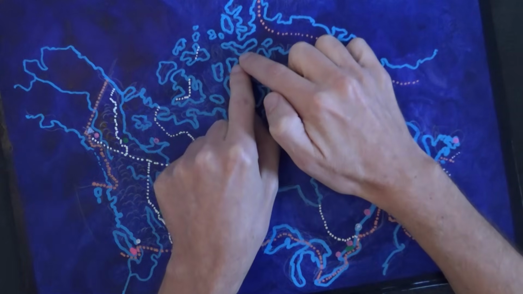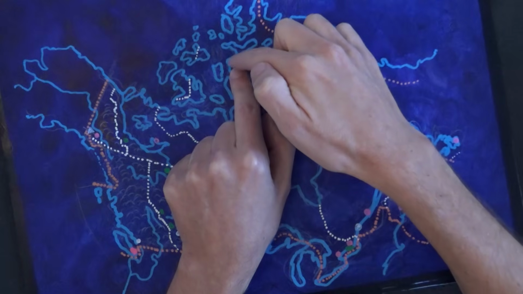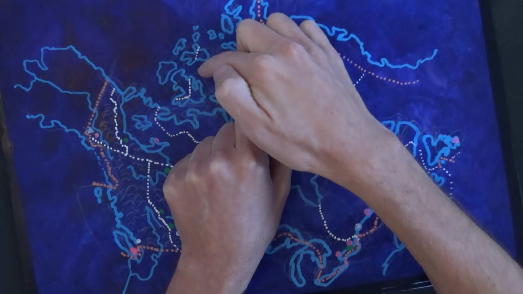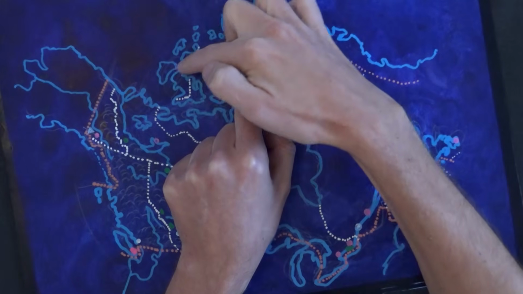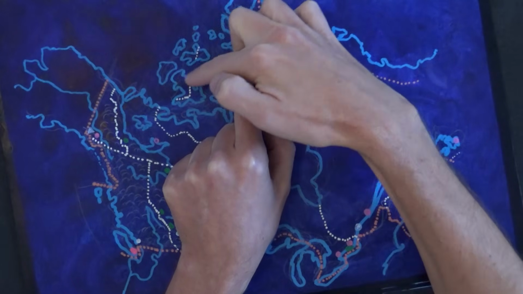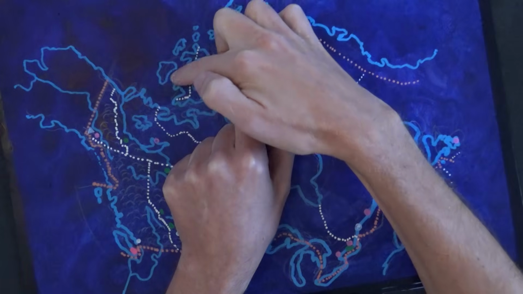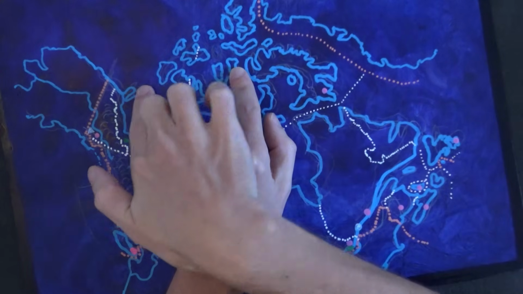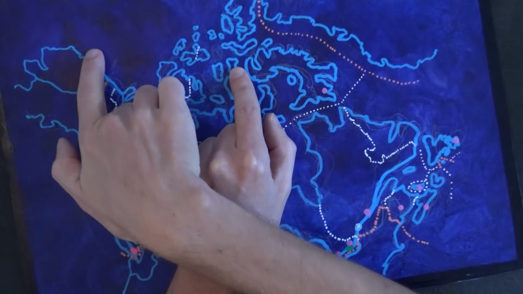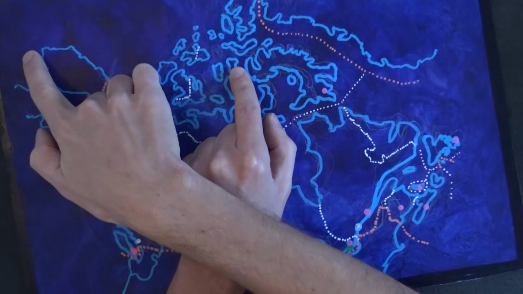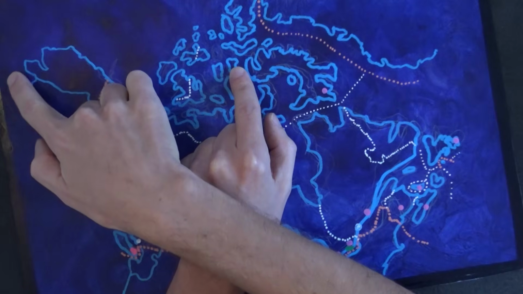And then it goes either straight like this through Prince of Wales Strait, that's between Victoria Island and Banks Island, and then follows the northern coast here, the Arctic Ocean, to Bering Strait.